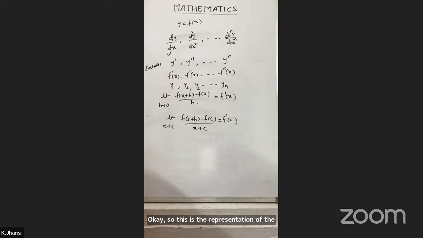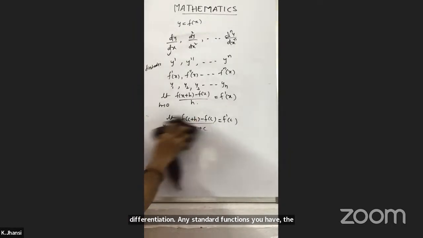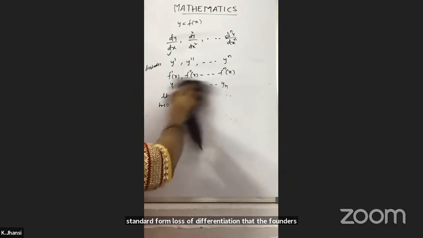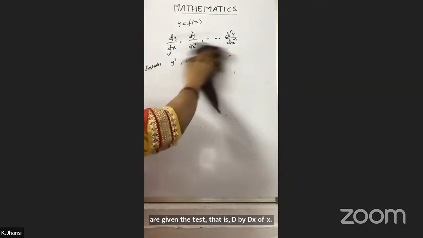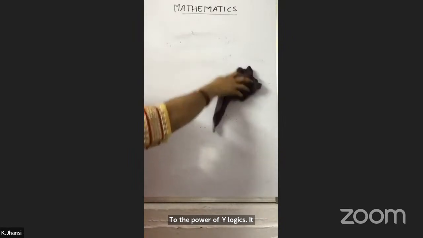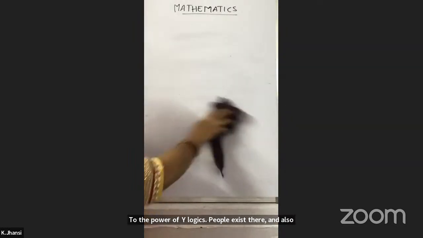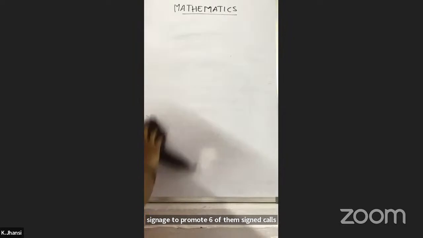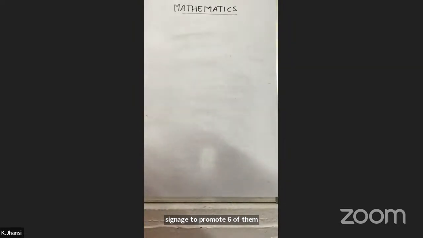And for standard functions, you have the standard formulas of differentiation. Those formulas are given in the textbook. That is d by dx of x to the power of n, log x, e power x, and also sin x. Trigonometric functions are there, no? Six are there: sin, cos, tan, cot, secant, and cosecant. You have the formulas in your textbook.